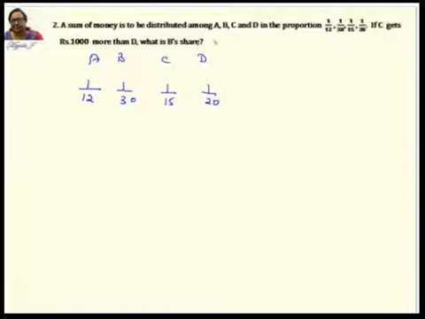Money is distributed among them in this proportion. And given that C gets 1,000 rupees more than D, the difference of these two is nothing but 1,000 rupees. So when you take the difference of C's share and D's share, it's going to be 1,000.